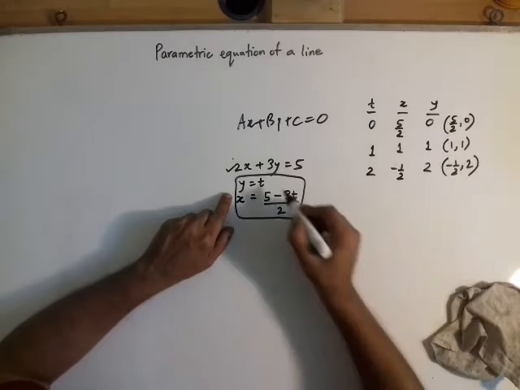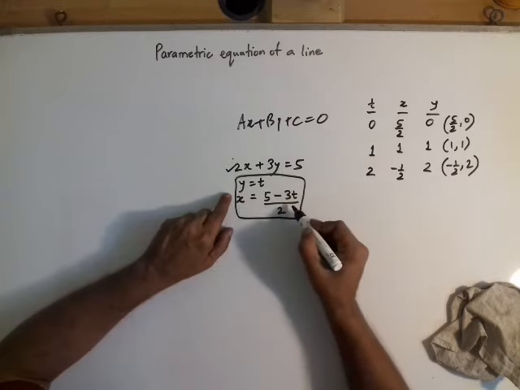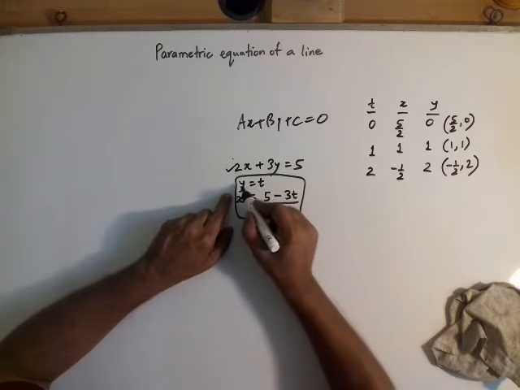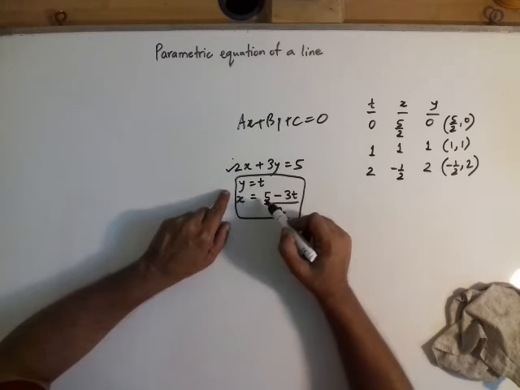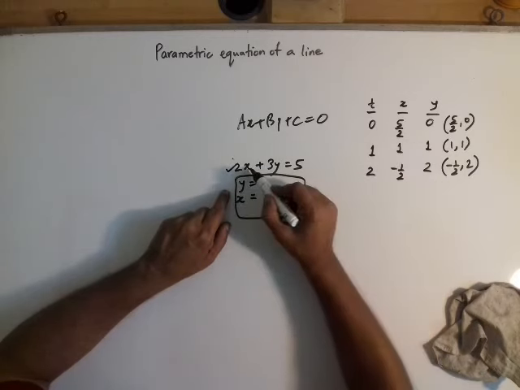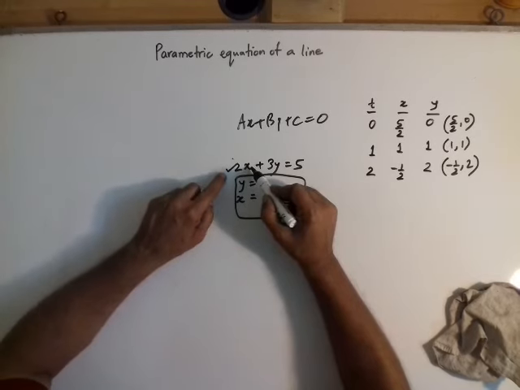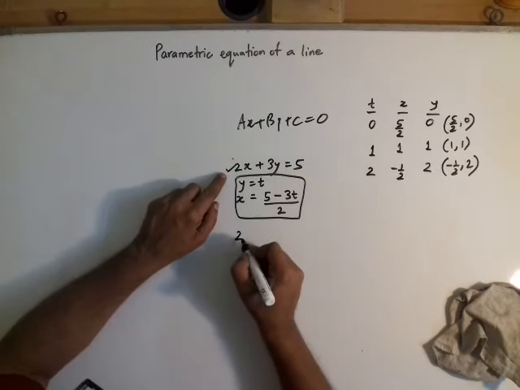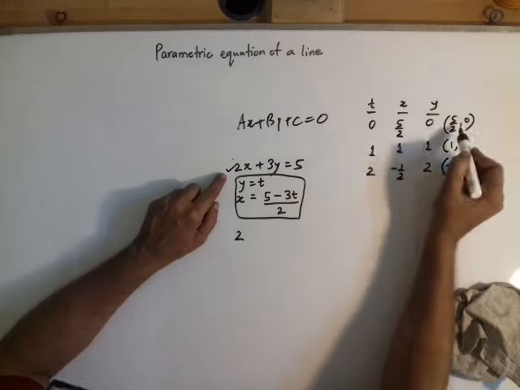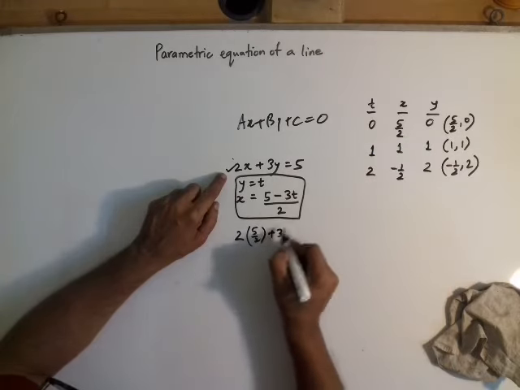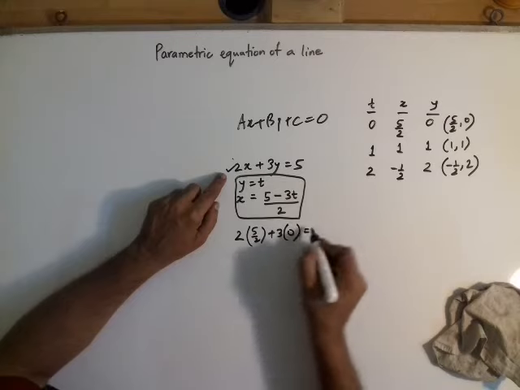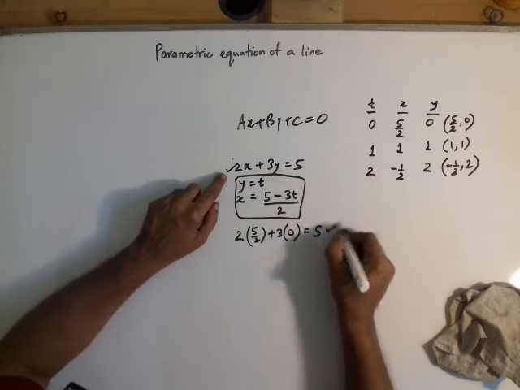These points obviously lie on whatever this represents, and since we have just restated this, these points will satisfy this equation too, but let's check anyways. Let's look at the first point. 2 into 5 by 2 plus 3 into 0 is equal to 5, which is the right hand side.